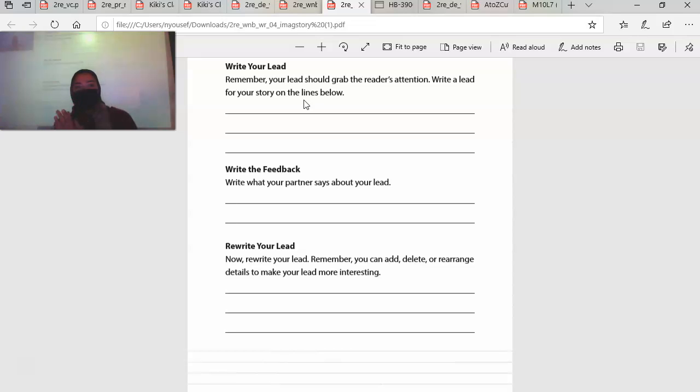So if you're writing a story about Spider-Man and how he jumped off the roof to rescue an old lady about to cross the street, okay? You need to start your story not by saying once upon a time. That's boring. I'm already yawning. I already feel like I need to go to sleep. Okay? No. Start it off with an action, a lead sentence.